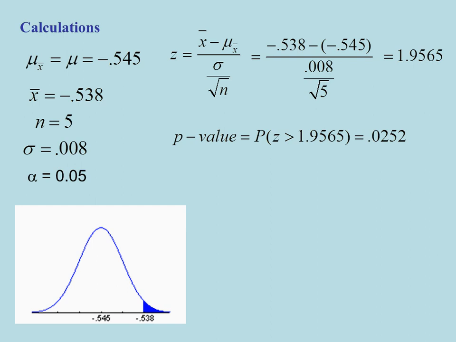So if our p-value is 0.0252, there's 2 things next that we have to do. First is make a decision. Second is a conclusion.